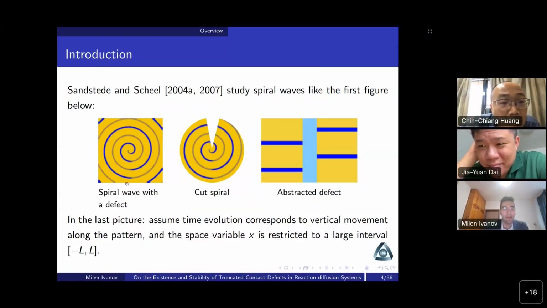If we want to try to understand this picture, what can we do? I can take this image and slice it like I'm slicing a cake, and then fold the two ends. I can fold them and obtain something which looks like this, with something in the middle which corresponds to this line, the defect over here.